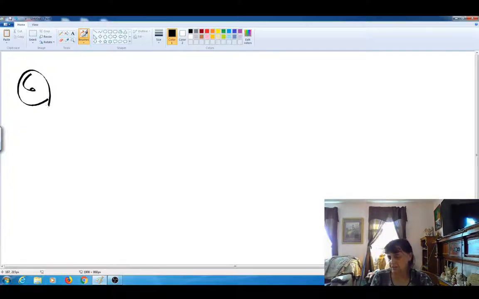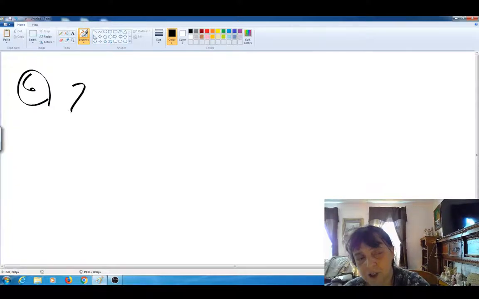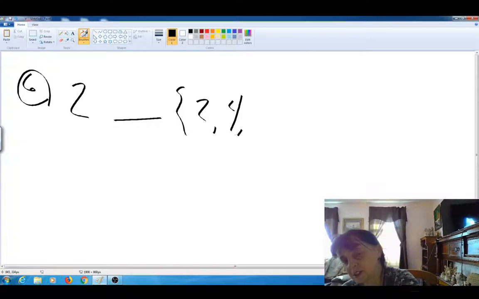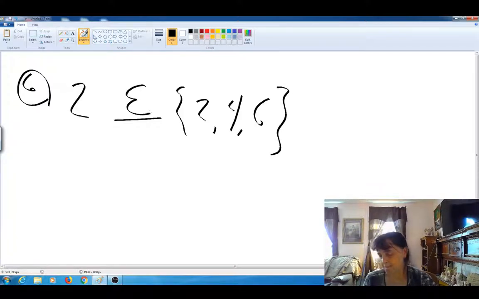Now fill in this blank with is an element of, is not an element of, is a subset of, is not a subset of, is equal to, not equal to, where Z is a set of all positive integers. So 2 blank set 2, 4, 6. Okay, and so that means is an element of.